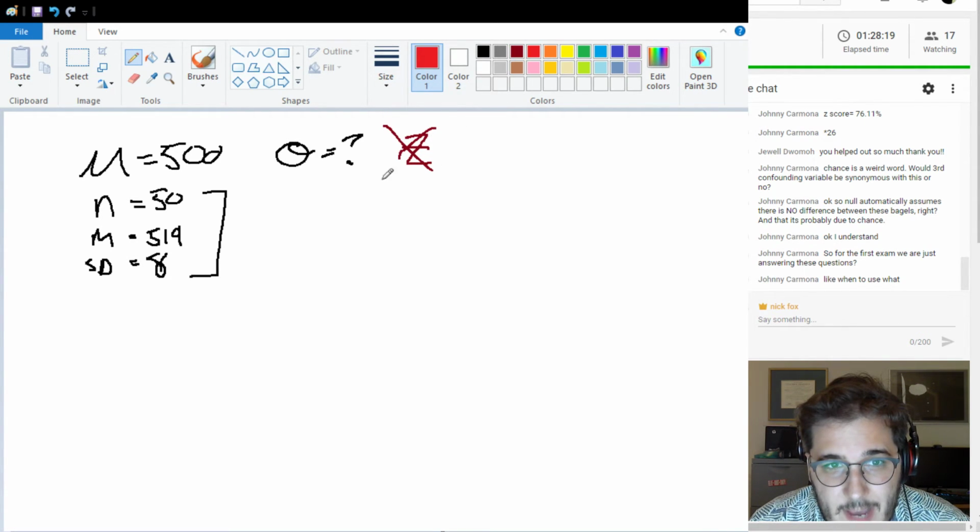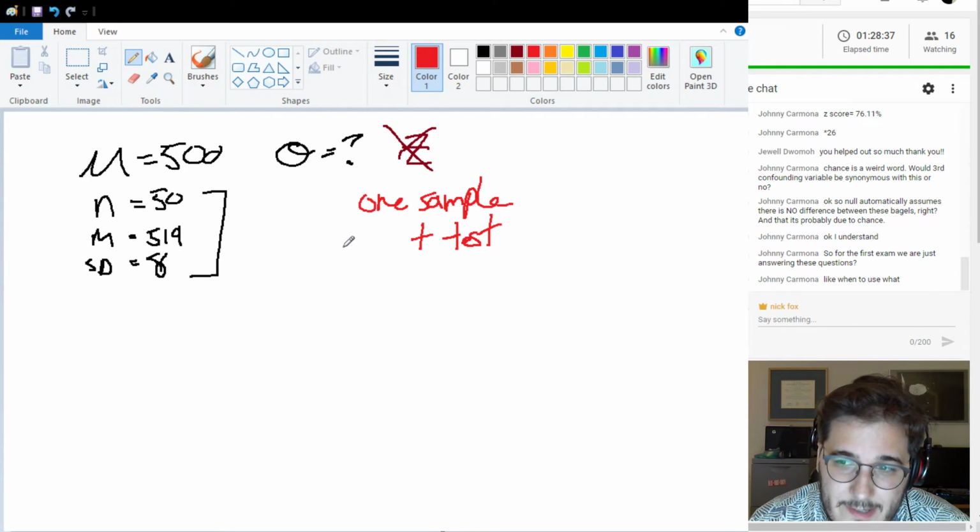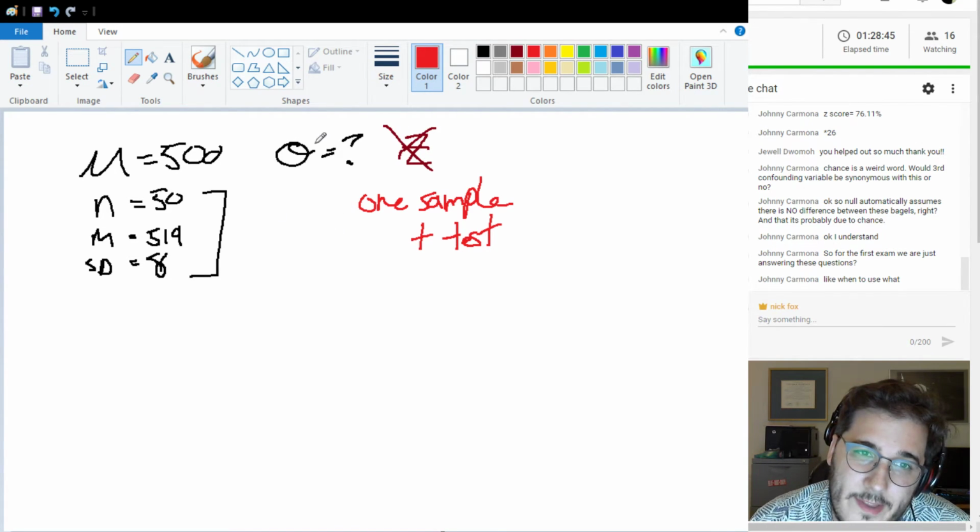I only have one sample, and if I can't use z, then the answer must be a one-sample t-test. Like, that's the only thing you could use in this scenario. If you tried to calculate something else, you'd fall into some pit. Like if you tried using a z-test and you tried calculating the SEM, then you would say, oh, I don't have sigma, I'm stuck. So in this case, you would use one sample t-test.